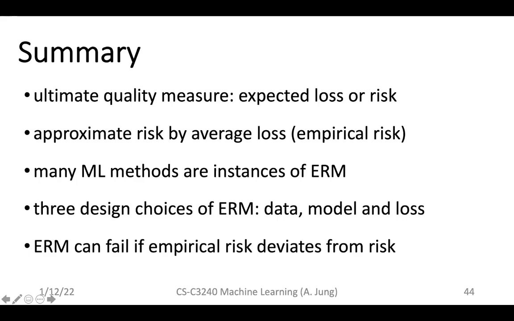We always have these design choices for loss function and model. We can select different models or try to get more data. So data is also a tuning knob, for example, by collecting more training data in order to make the empirical risk a better approximation of the actual risk. Yeah, and I would say any method that you hear about in this course is an instance of this empirical risk minimization problem.